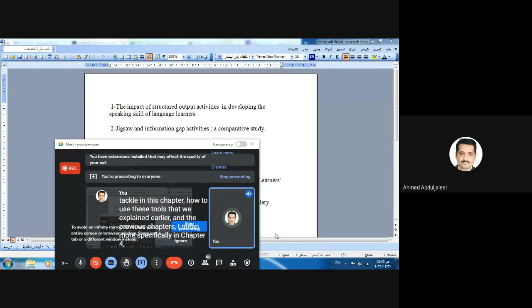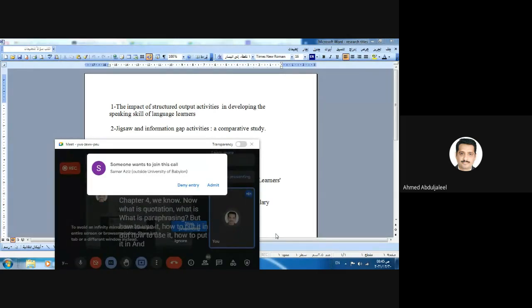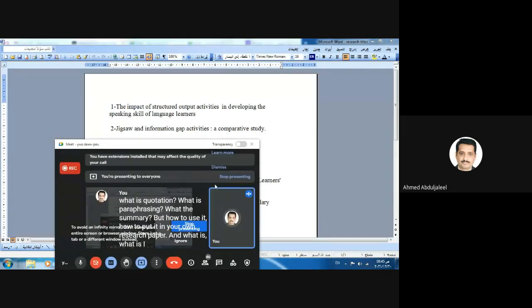We know now what is quotation, what is paraphrasing, what is summary, but how to use it, how to put it in your own research paper, how to do it practically, and what is the aim behind all these things. So we are going to discover these things in this chapter.